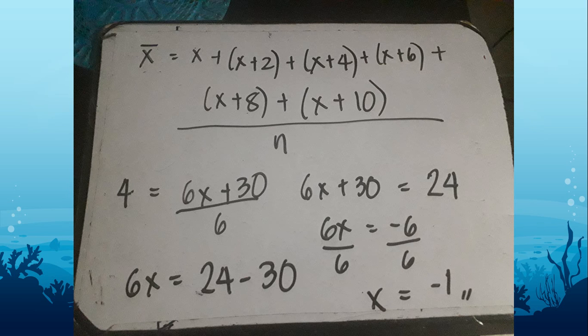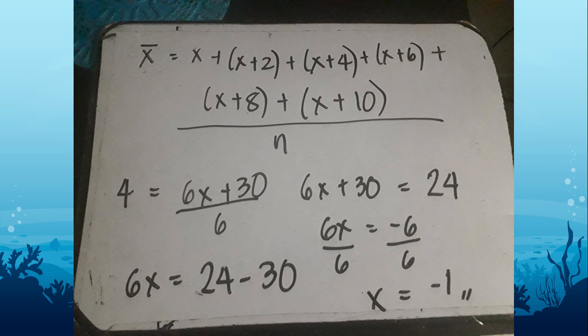Now we know that the mean is 4, so we have 4 is equal to, simplifying our numerator, we have 6x, and we have plus 30. So we have 4 is equal to 6x plus 30 all over 6, and cross multiplying the denominator 6 to 4, so 6 times 4 is 24.